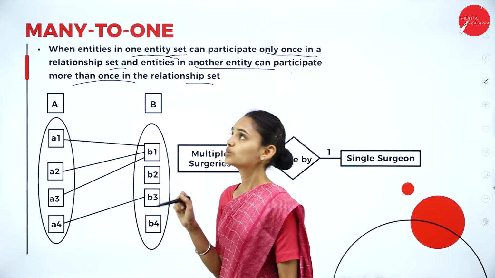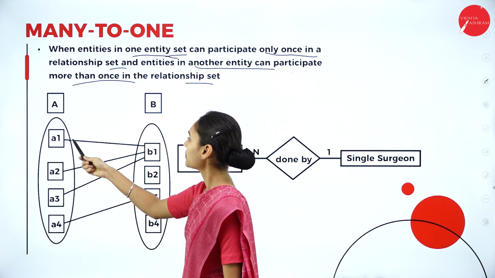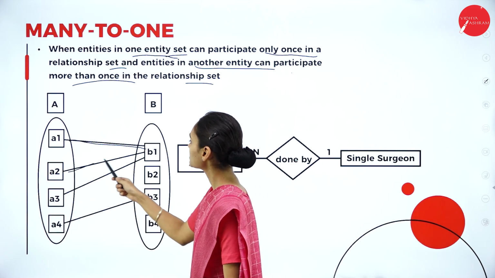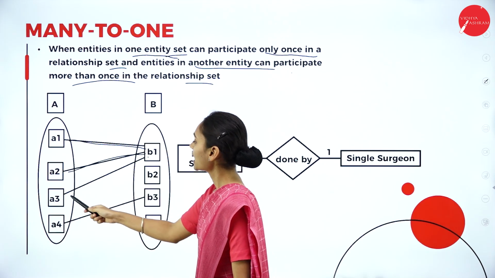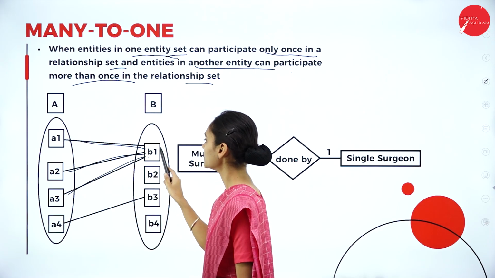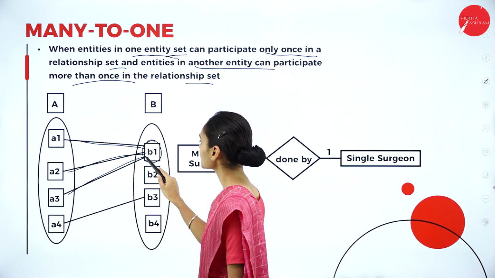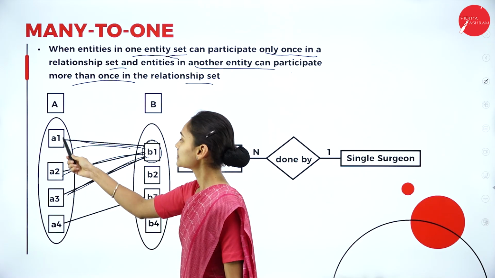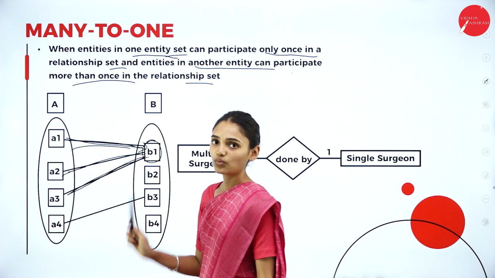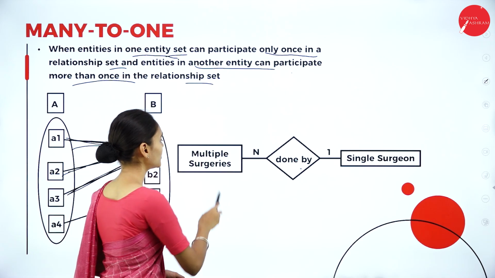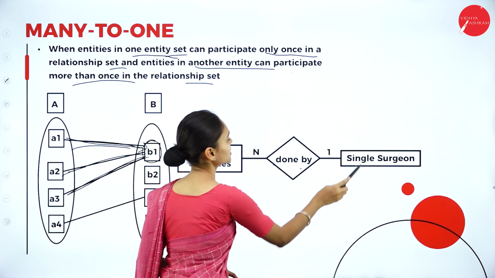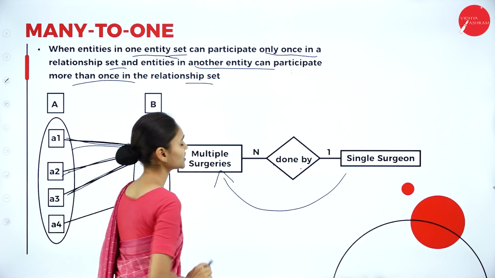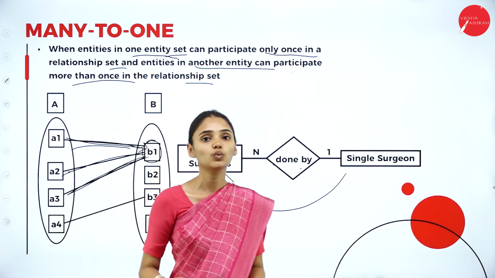Here A1 participates with B1 only once, and A2 and A3 also participate with B1. So B can be associated with the other entities many times, but A must participate only once. For example, multiple surgeries are done by a single surgeon. So that is many to one.